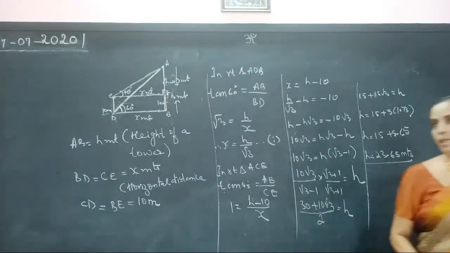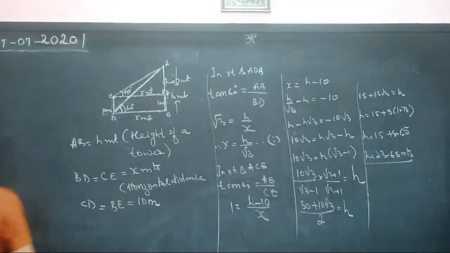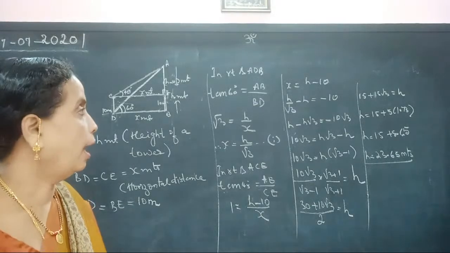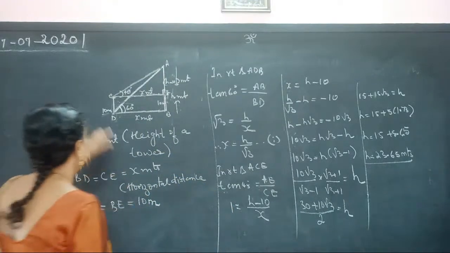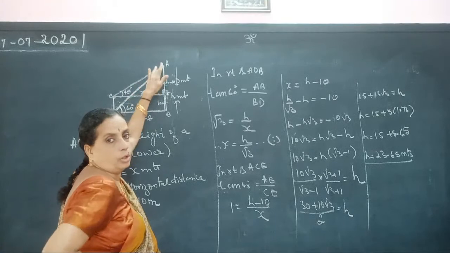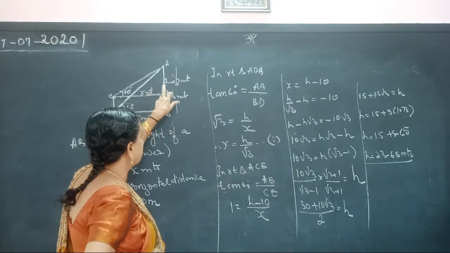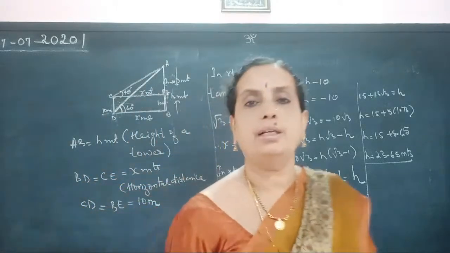Go through it once again. According to the statement mentioned, I took this question with figure representing AB equals h meter height of the tower. And since the base level is 10 meter above that portion, I took it as total height minus 10, as h minus 10. Here come two right triangles.